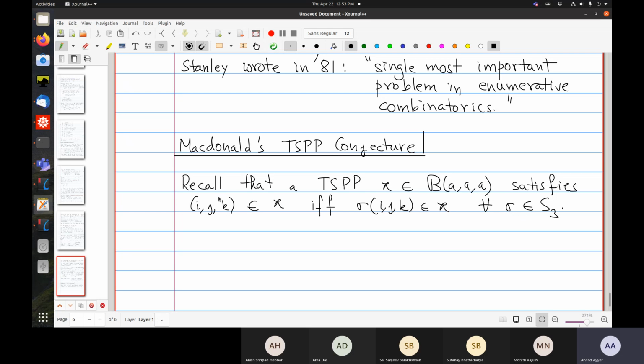Right, so if an (i,j,k) belongs, then any of its coordinate transforms belong.